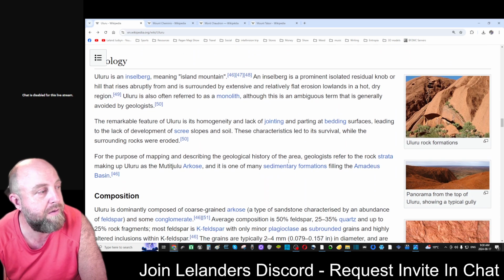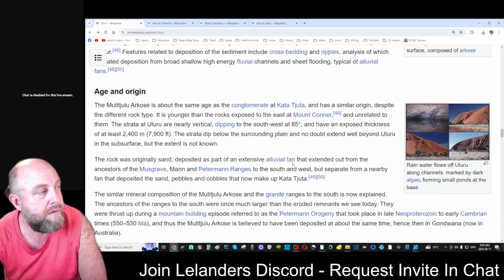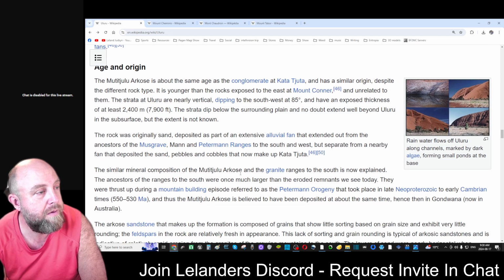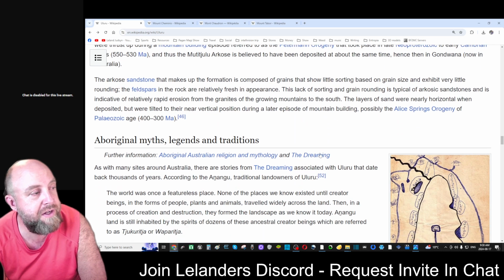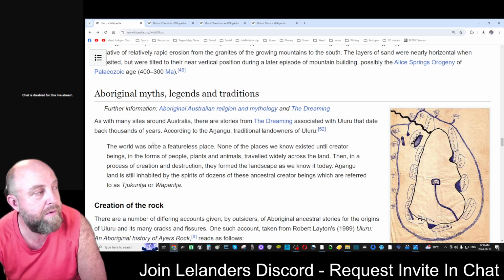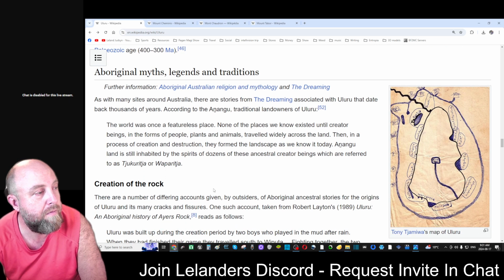Waterfalls. I wonder if the Ice Age has anything to do with them. Crater beings were there. Wow, that's pretty wild.